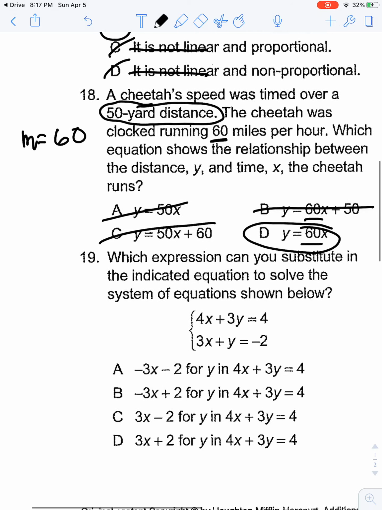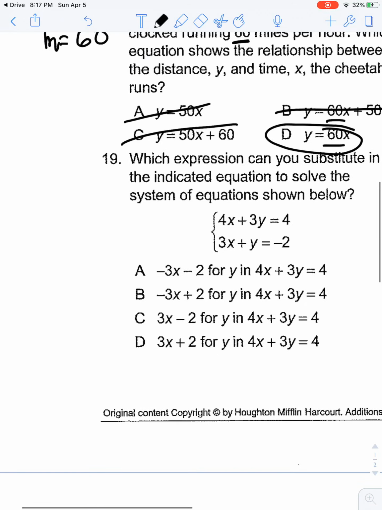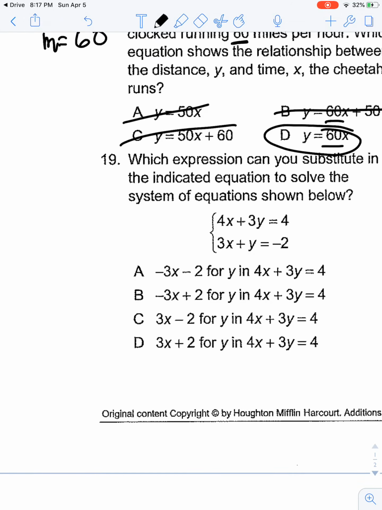Which expression can you substitute in the indicated equation to solve the system of equations below? Okay, so remember when we solve a system of equations, we can graph them, we can substitute, we can add them together. In this case, they're substituting. So they're basically solving for one variable and then substituting it in the other equation. What they're asking for is, what can you substitute in this first equation?